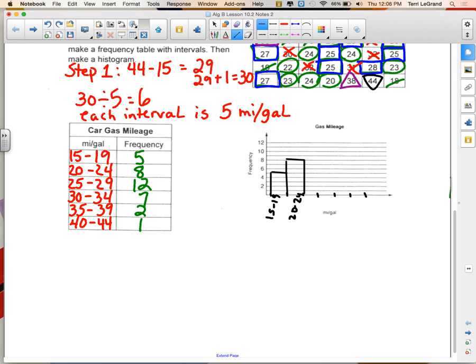I did the first 2, that's all I'm doing. It's way too much work for me on the smart board. You guys do it, and then shade in your bars. Shade them in, make it pretty. No gaps between your bars. Make sure every interval is labeled down below the bar. Show the reader that there were 5 of what, there were 8 of what.